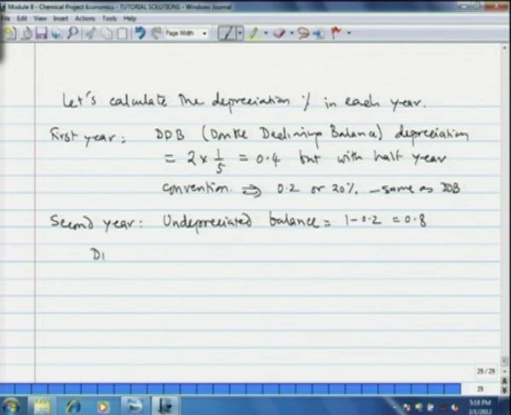So, the DDB method gives now 2 by 5 into 0.8, that is equal to 0.32 or 32% depreciation, while straight line method gives 0.8 undepreciated balance divided by 4.5 because it is half year convention, that is 0.177.